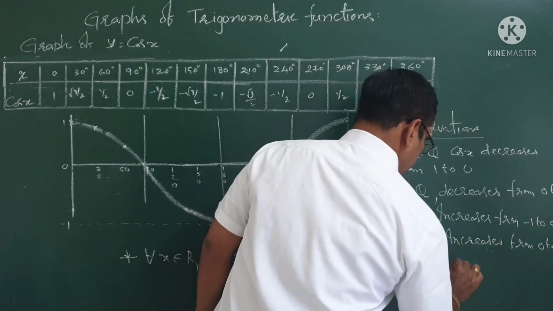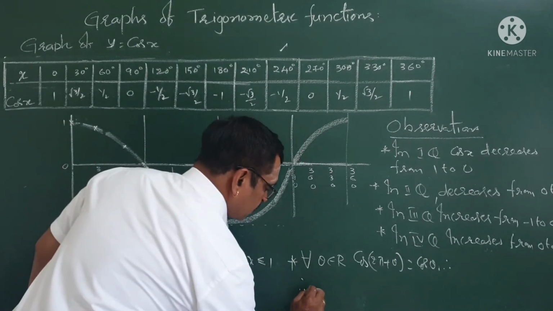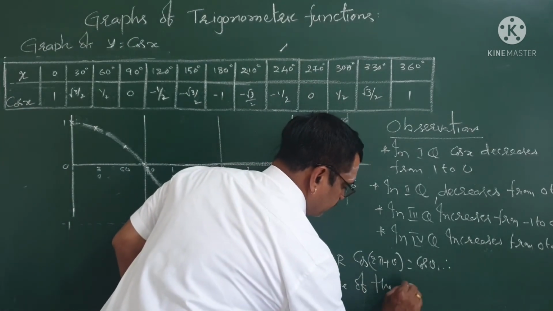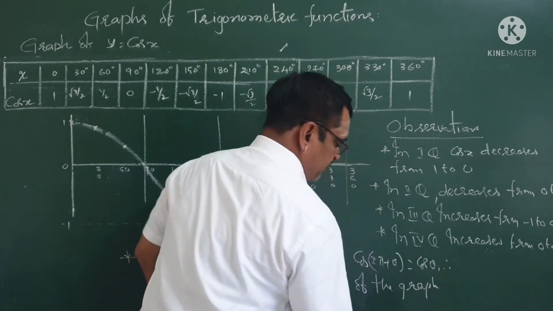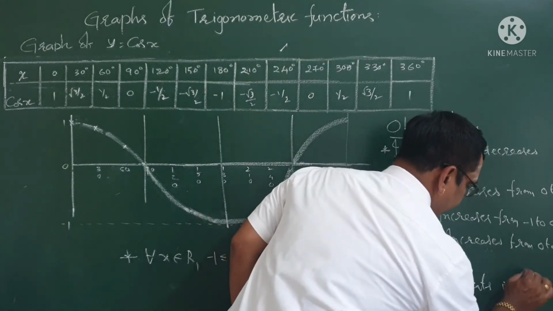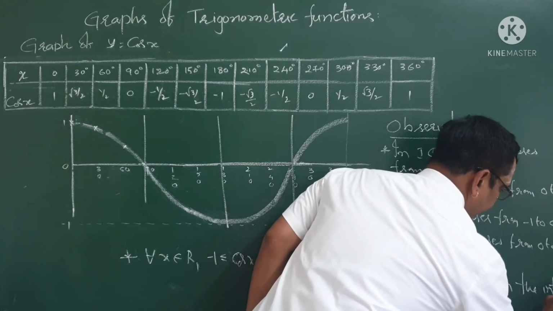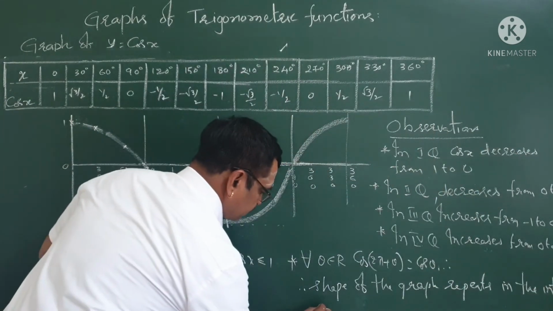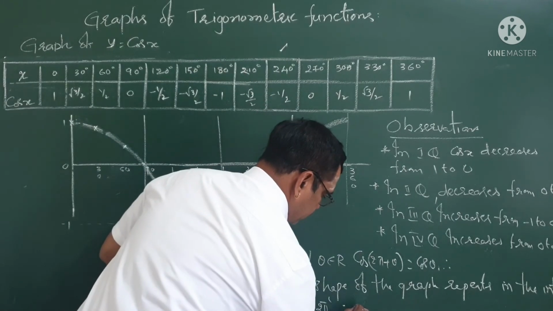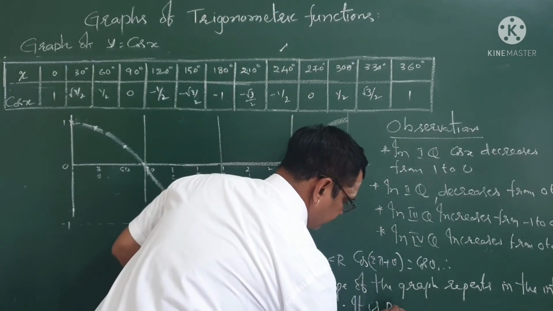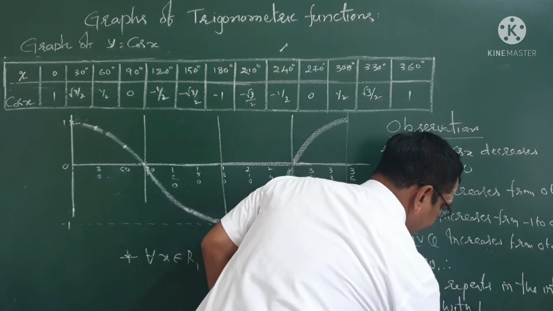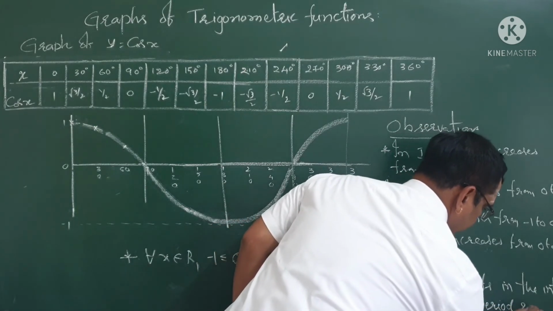Therefore, the shape of the graph repeats in the interval of 2 pi, so it is periodic with period 2 pi.